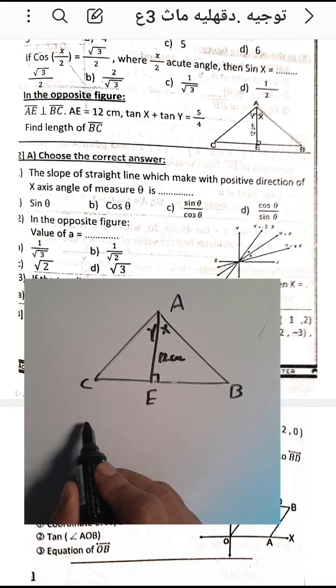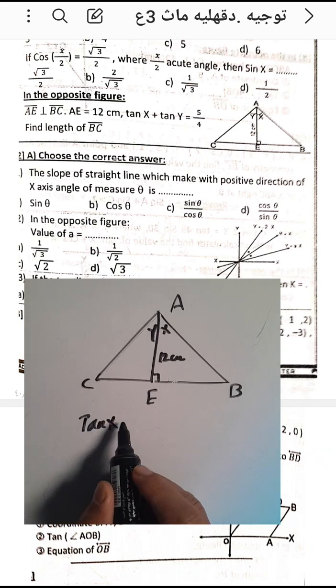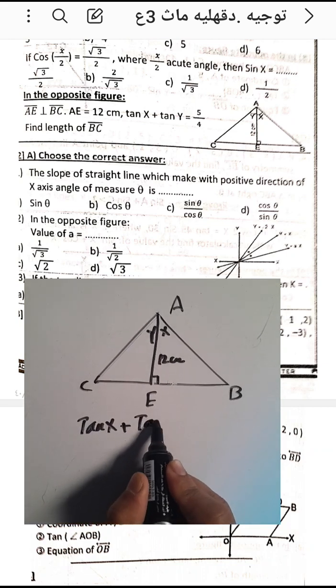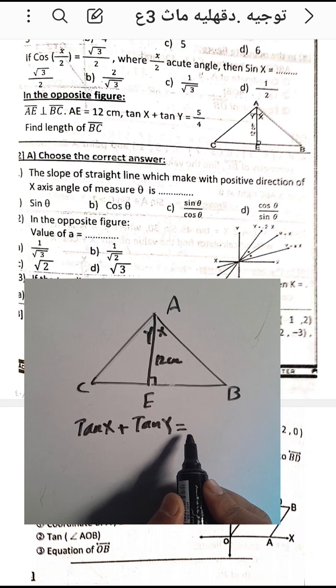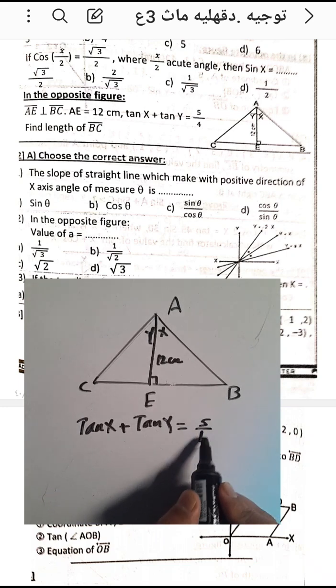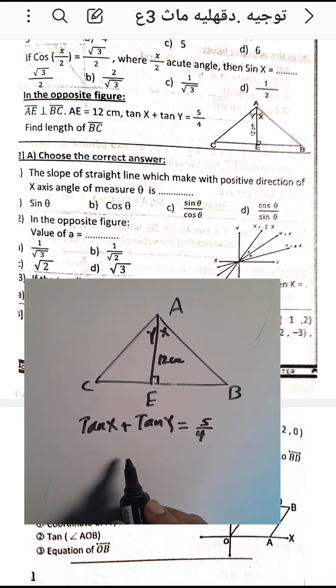He gives us tan x plus tan y equals 5 over 4. He wants us to find the length of BC.